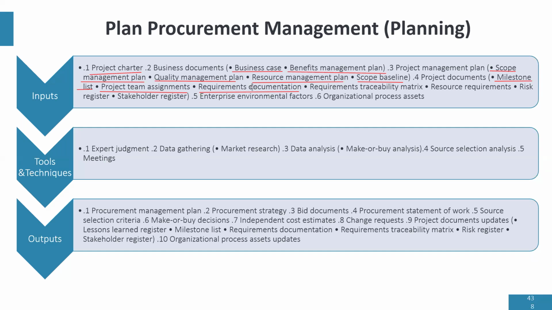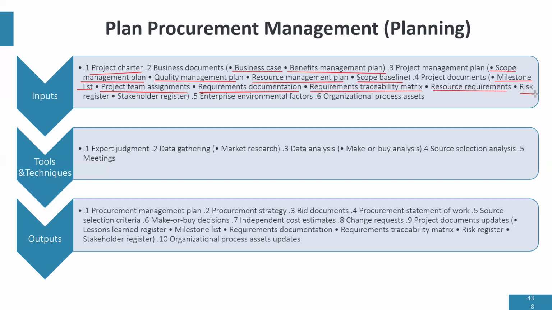So if one of your requirements involve your vendor having license, it will be part of the requirements document as well. Requirements traceability matrix shows all the requirements that should be achieved in the project and also how they'll be tested. Then resource requirements. These are the people, material, and equipment that we need to get. Materials and equipment can be procured.